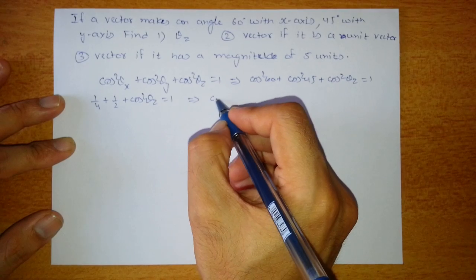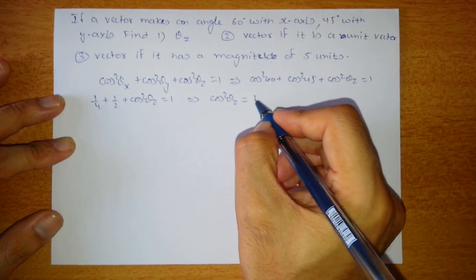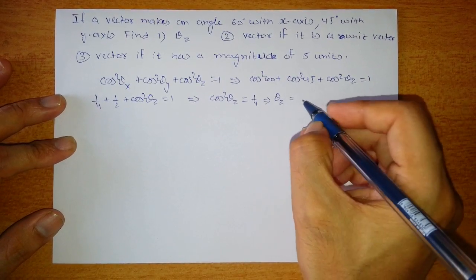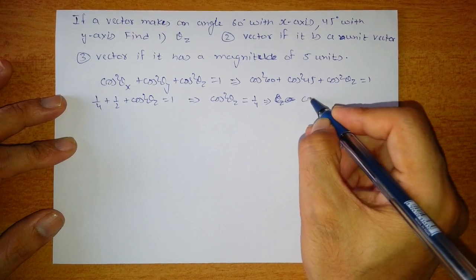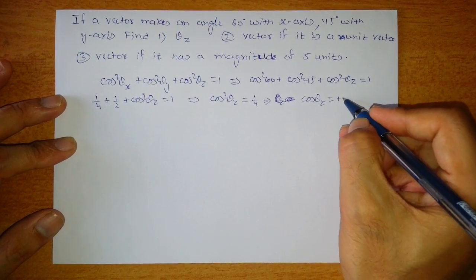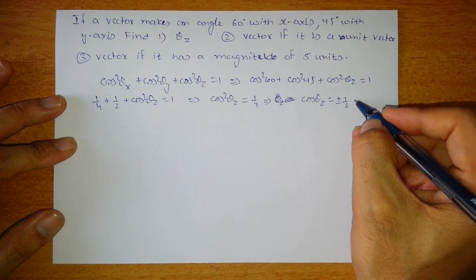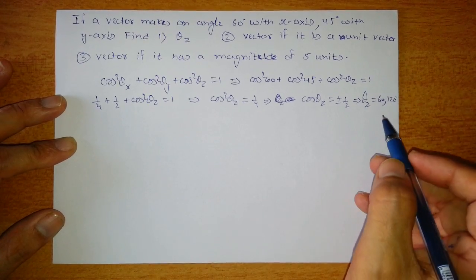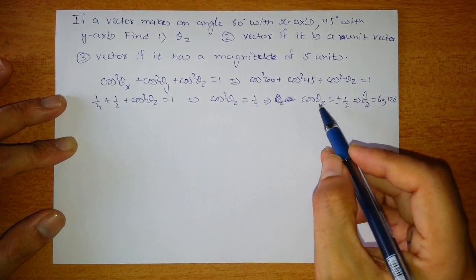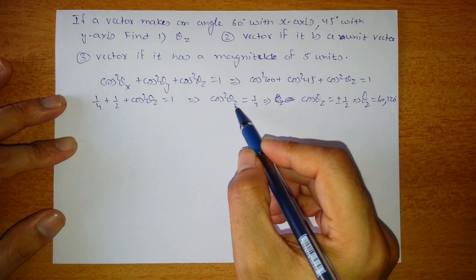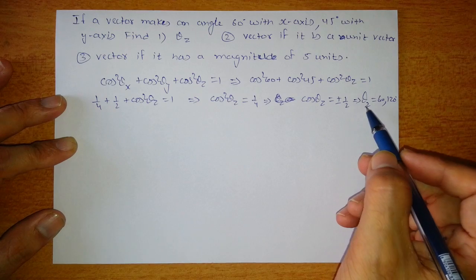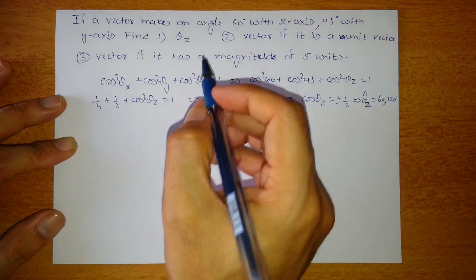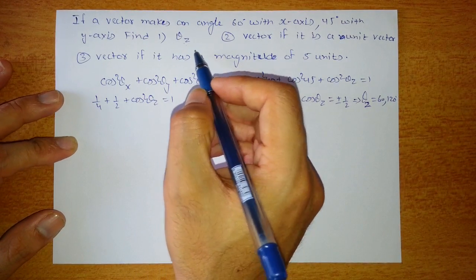So we get cos square theta z as 1 by 4, and cos theta z as plus or minus half. So theta z can be 60 or 120 degrees. These are the two possible values for theta z.